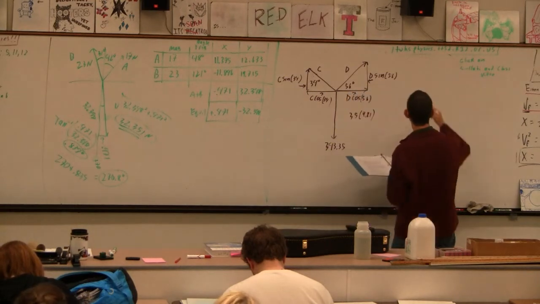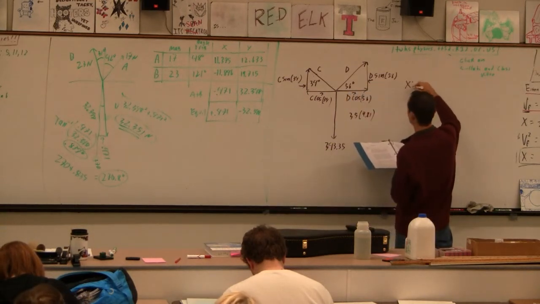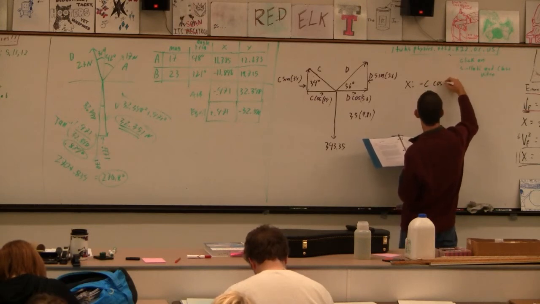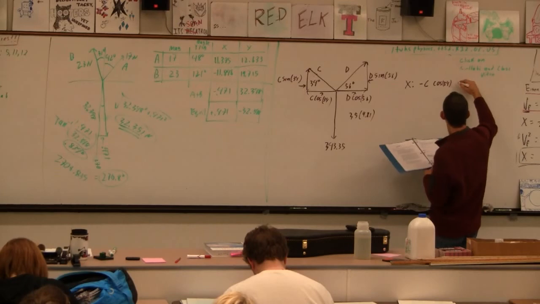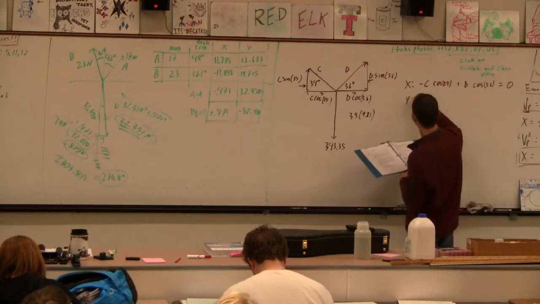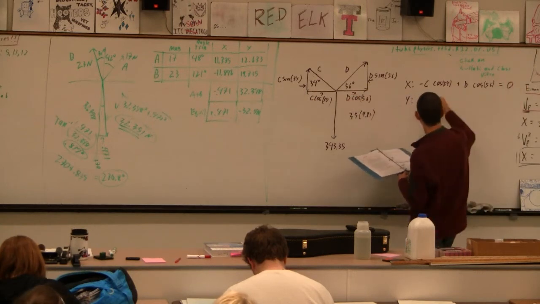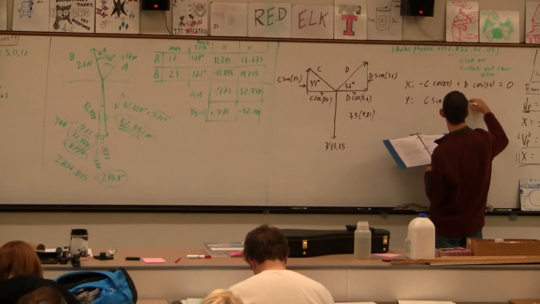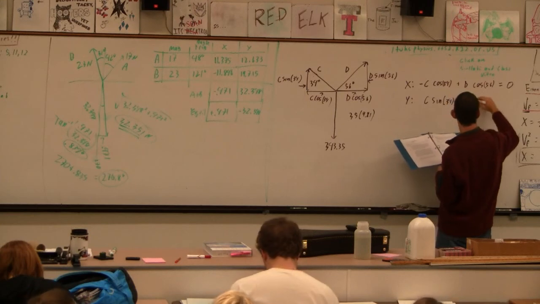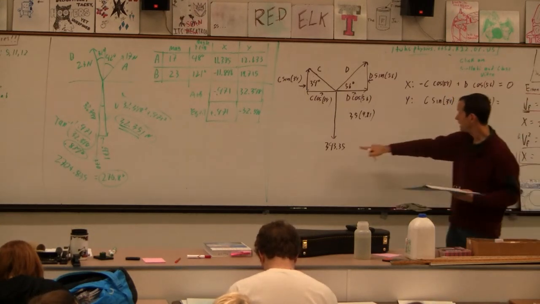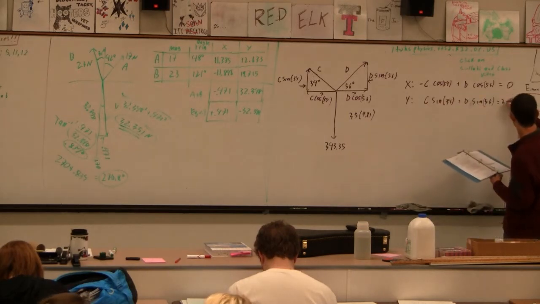And then our equations in the x direction look like this: minus C cos 34 plus D cos 56 equals 0. And then in the y direction, we've got C sine 34 plus D sine 56 equals this one down, 343.35.